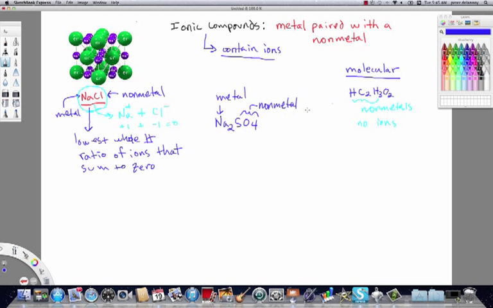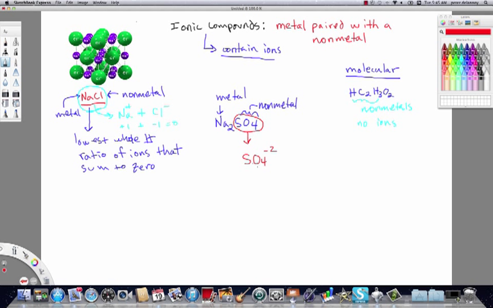Now, the sulfate is what we call a molecular ion. So if I isolate this out of the compound and rewrite it, this is what it's going to look like.